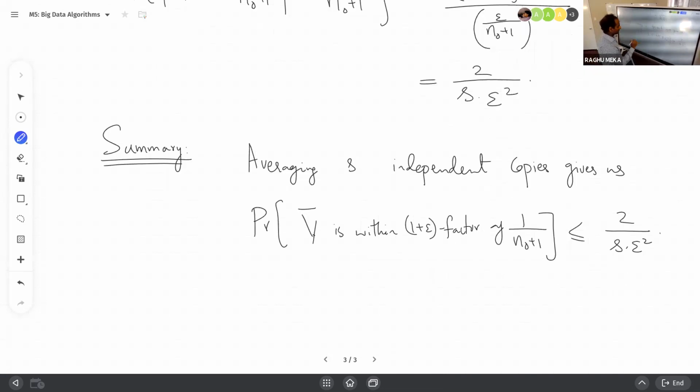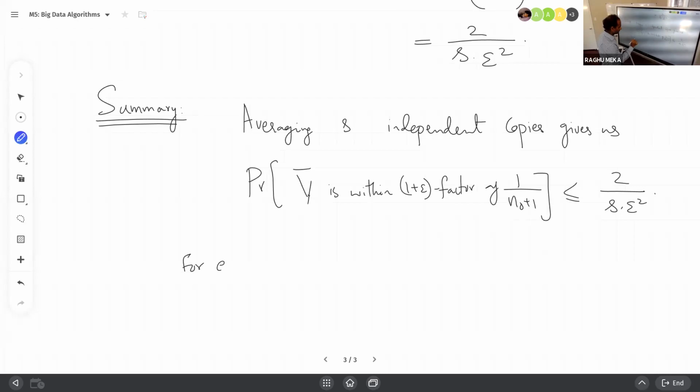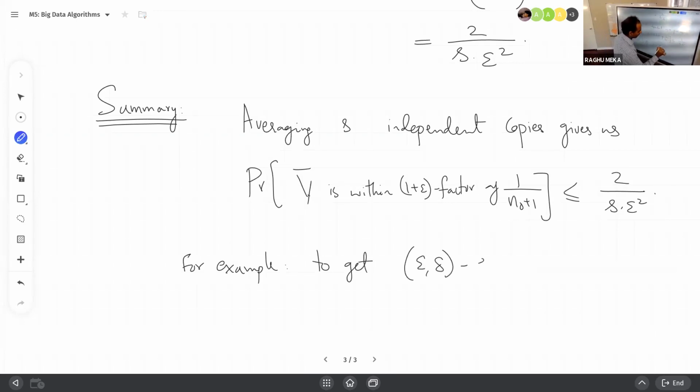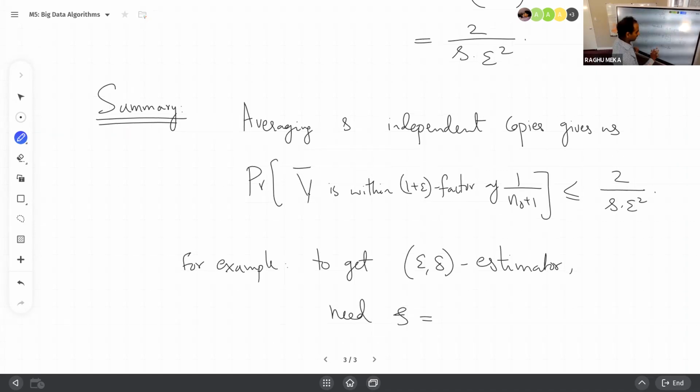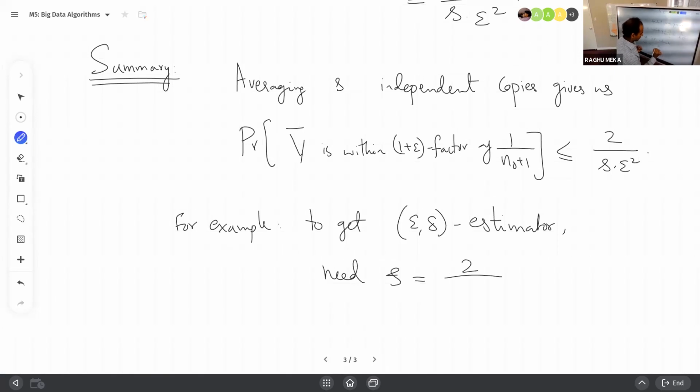So for example, to get an epsilon, delta estimator, if I want to make this probability at most delta, then I need S to be something like this.